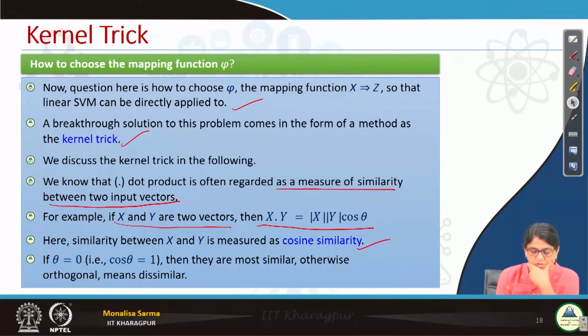If theta is equal to 0, then the vectors are most similar. If theta is 90, then they are orthogonal. If theta is equal to 0, then cos theta is equal to 1. If theta is equal to 90, what will cos theta be? Cos theta will be 0. So, as the cos theta value reduces gradually from 1 to 0, our similarity reduces gradually.